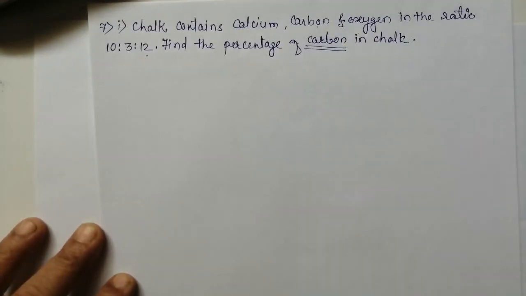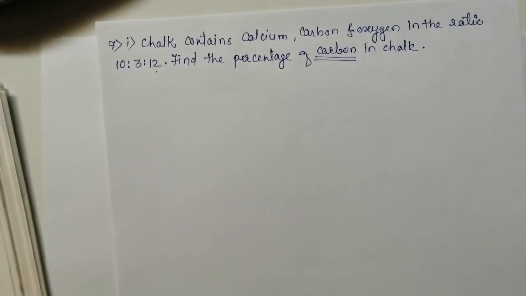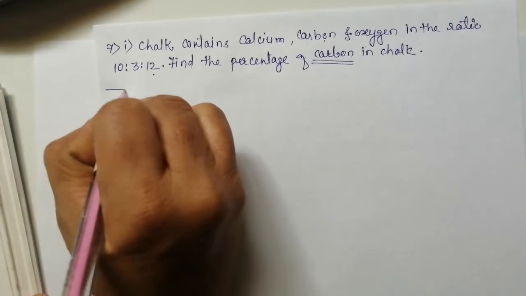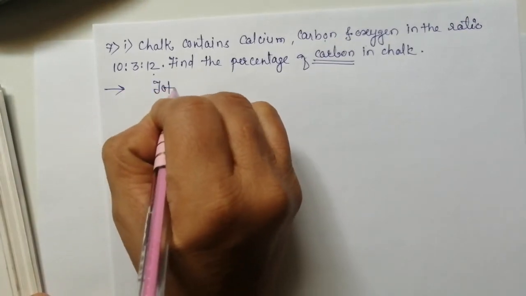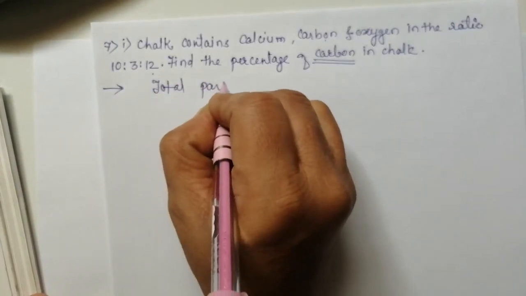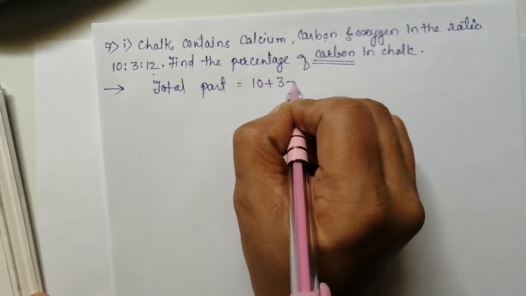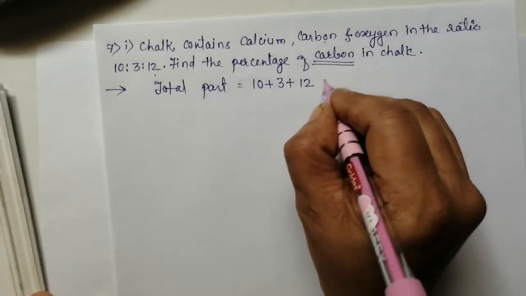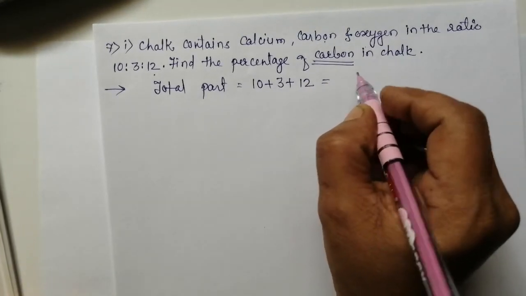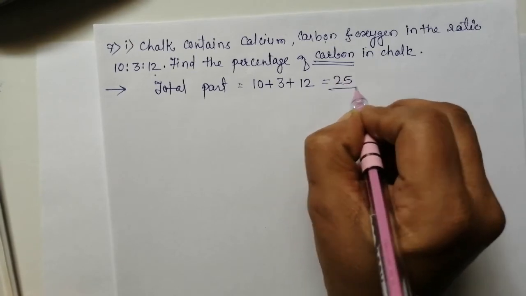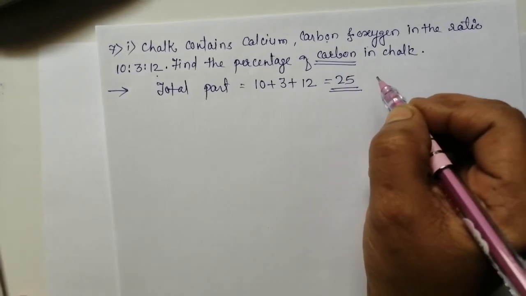To find that, first we have to find the total parts. Total part is equal to 10 plus 3 plus 12, which is equal to 25. Means total is 25.